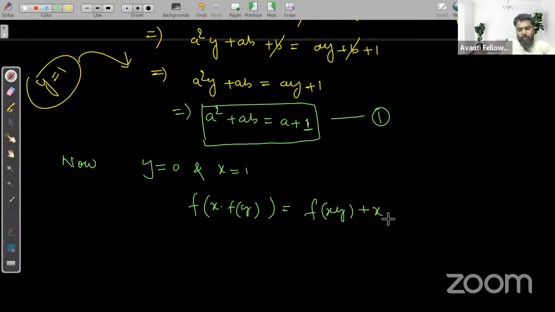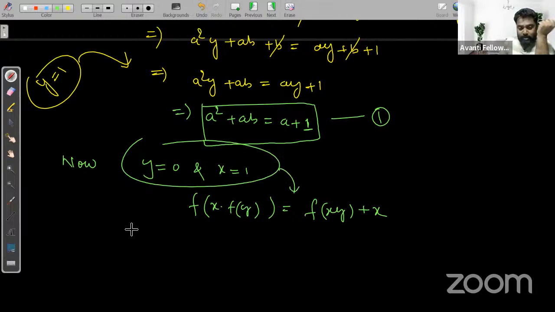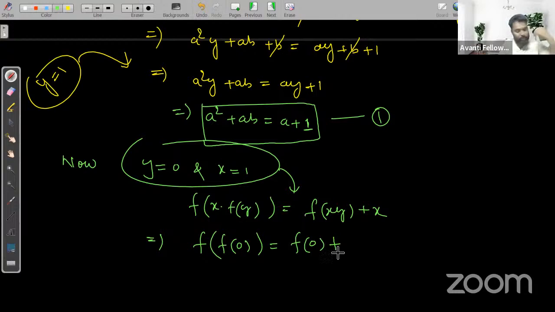So if we put this in, we are getting f of 0 is equal to f of 0 plus x, where x is equal to 1. So here we are getting this.